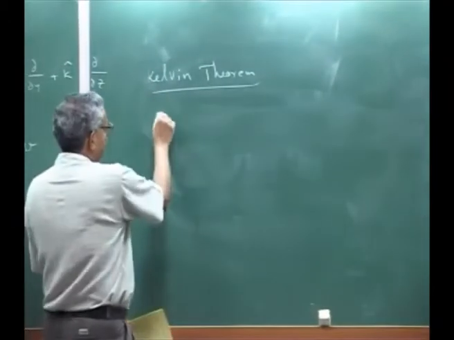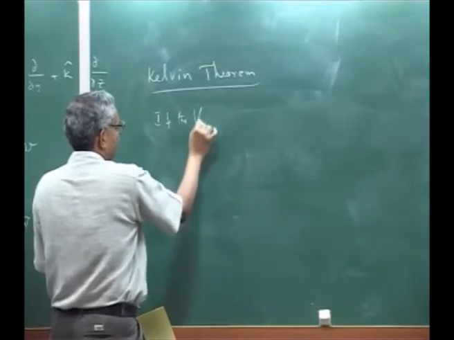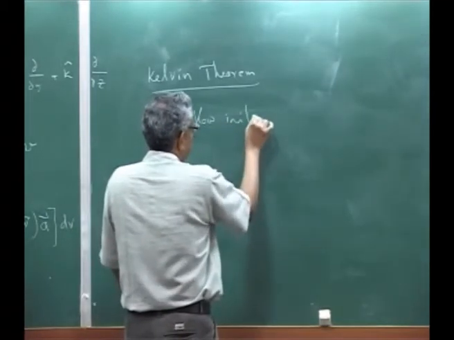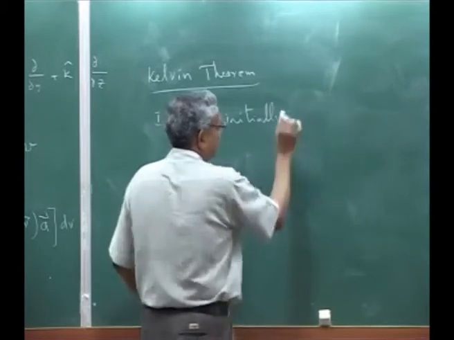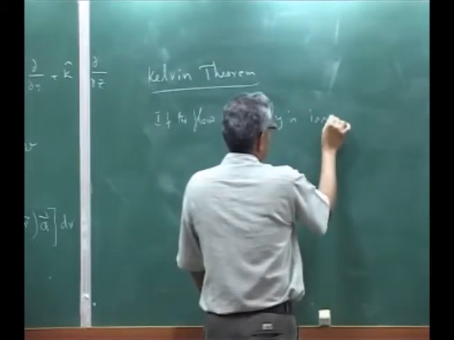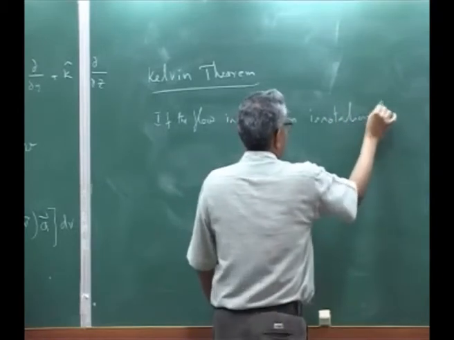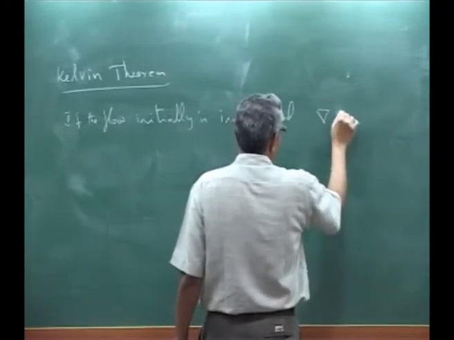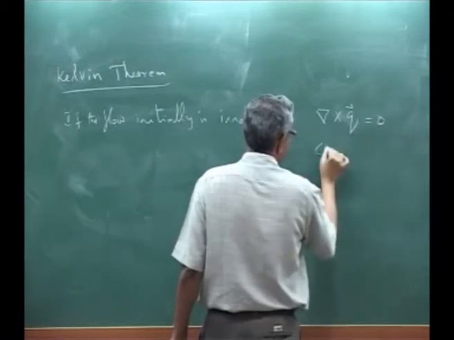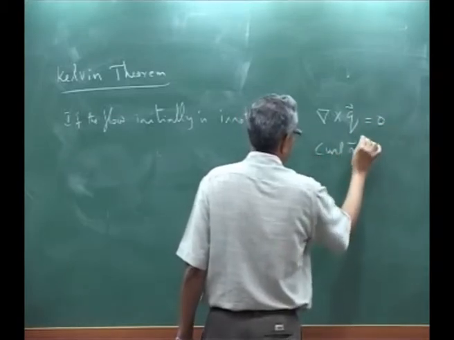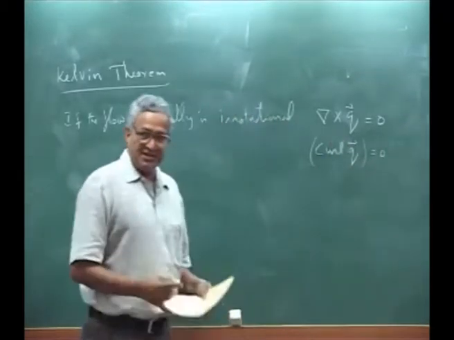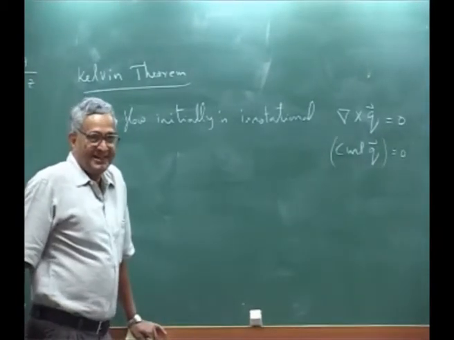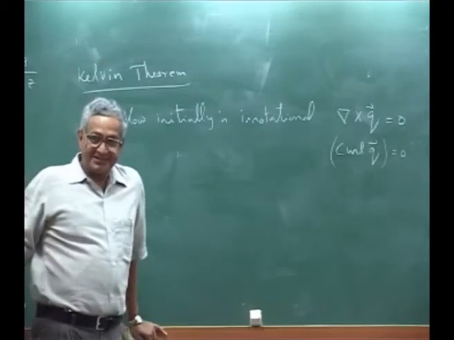If the flow initially is irrotational, that means curl q, del cross q, is 0, then if it is initially 0, it is 0 always. The flow remains irrotational always.